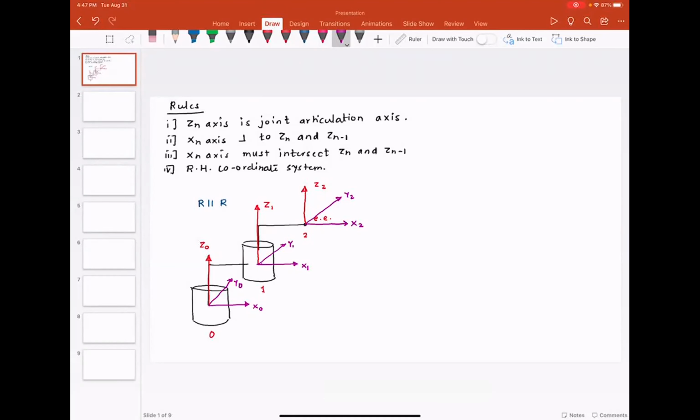And you would realize that other steps are pretty straightforward. Curl your fingers in the direction of Z0. That gives me the positive rotation. So this is theta 1. Curl your fingers in the direction of Z1. That gives me positive rotation. How about joint? So don't worry about it. Everyone understood?